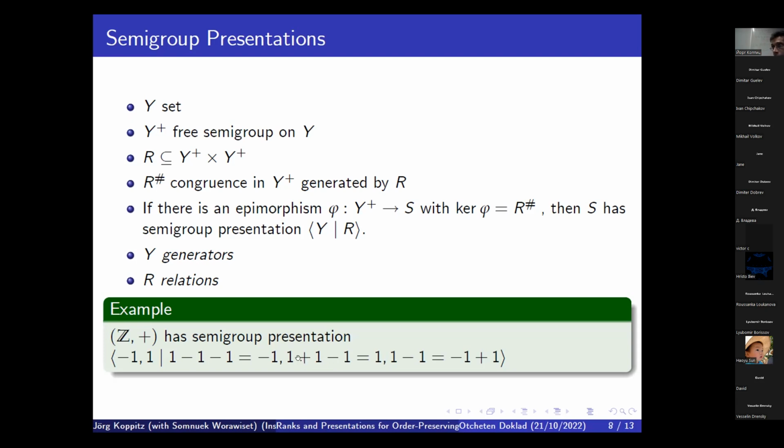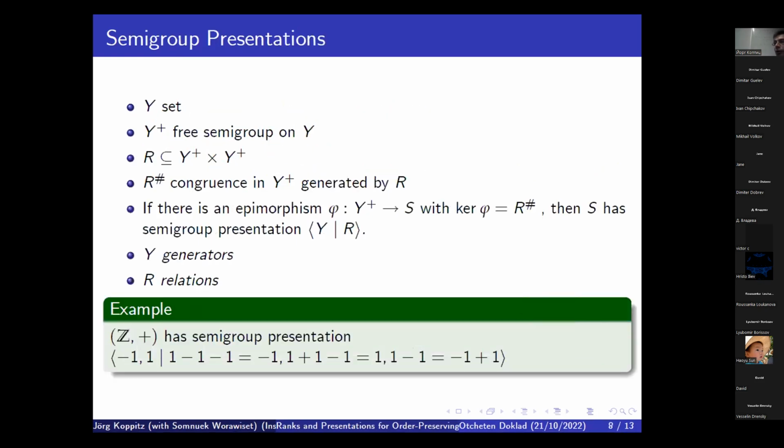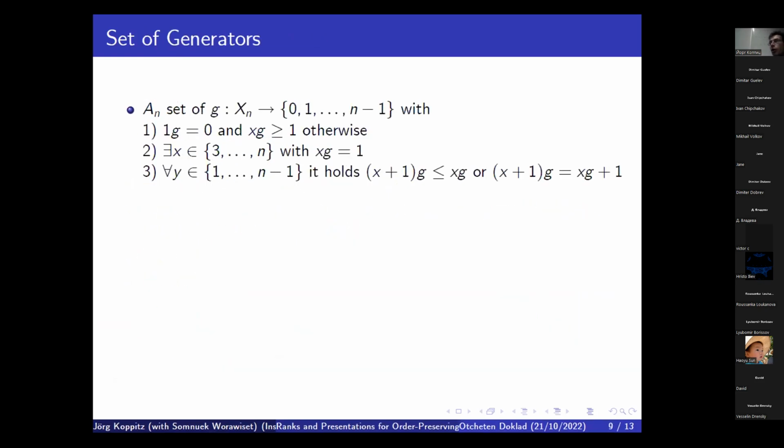This is exactly the converse, these both must be converse. Here is +1 and here is -1, and then you have this commutativity. If you have this, then you have a semigroup presentation. But with this mistake, this must be +1 and this must be -1.